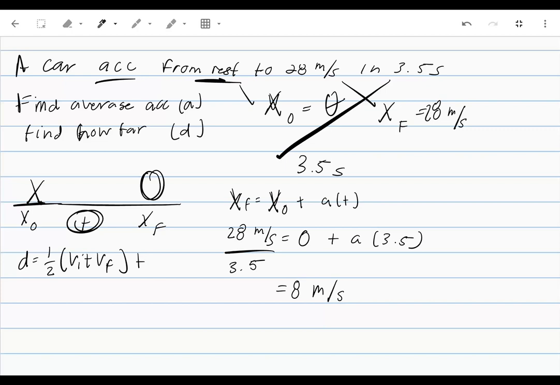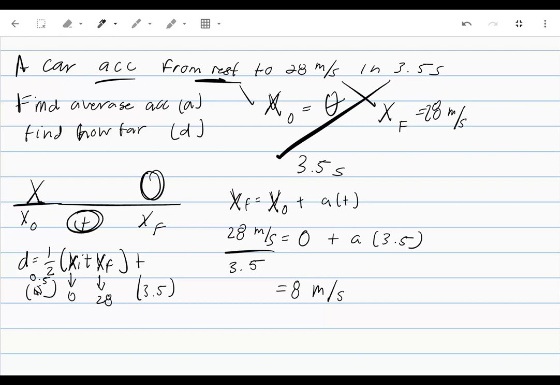In this situation it would be 28 plus 0, times 3.5 times, not 1 point, it'd be 0.5.